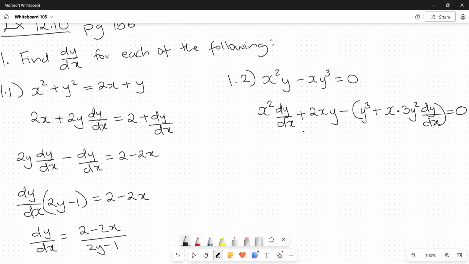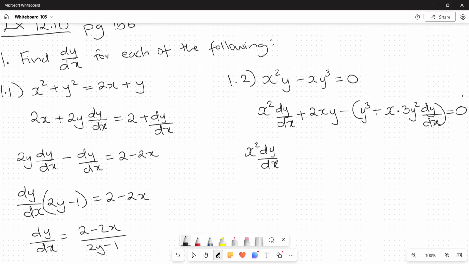Then we want to collect all the terms with dy/dx together. The ones without dy/dx must go to the other side. We factor out dy/dx, and then we make dy/dx the subject. Okay, so I have x squared dy/dx.